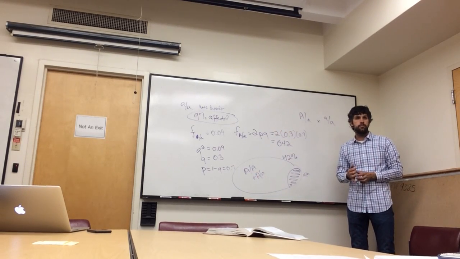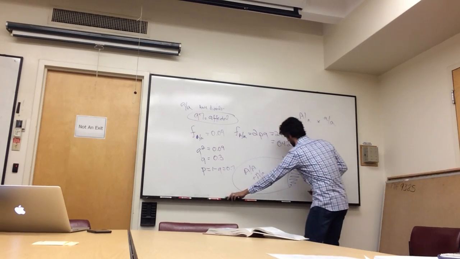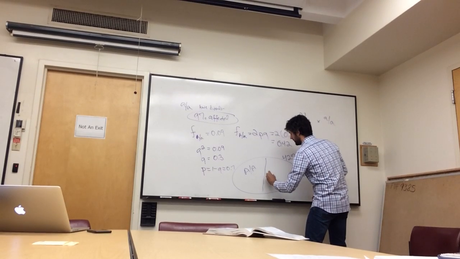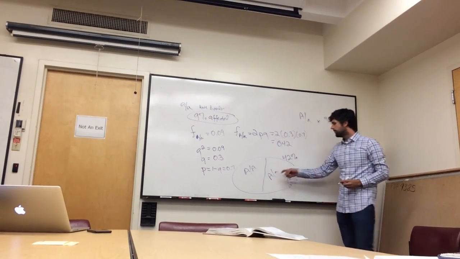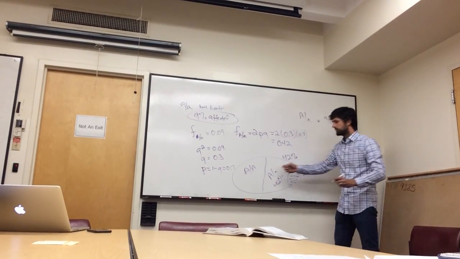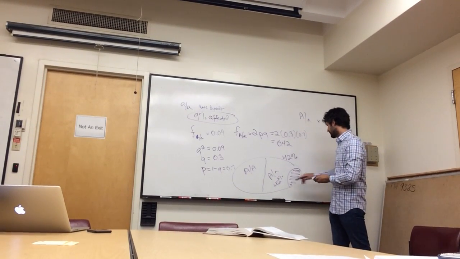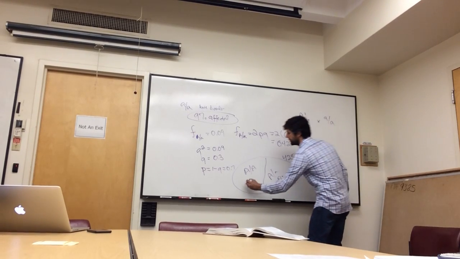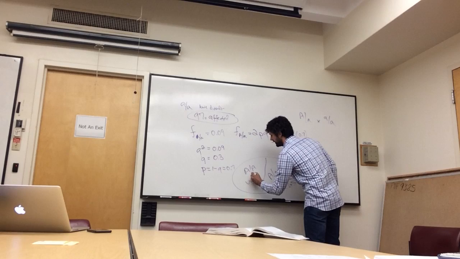You agree with me? Let's divide this up. We have 42% of the population here that is heterozygous. So 42 plus 9 is 51, so 49% of them are not carriers or anything.